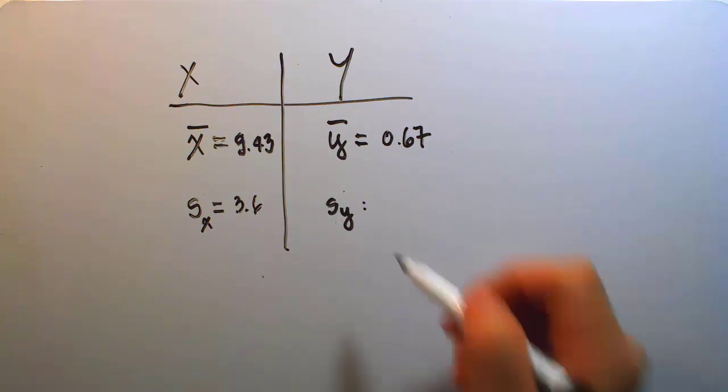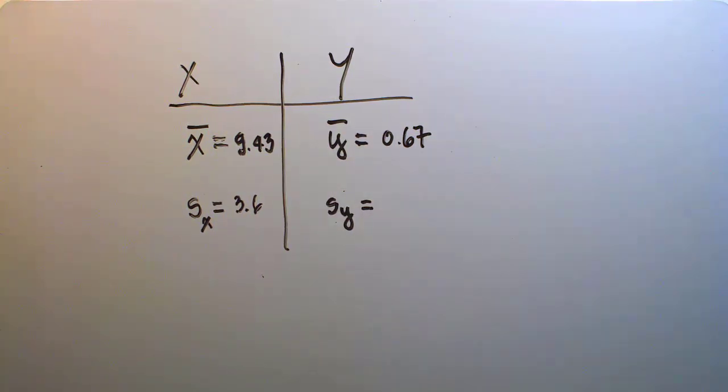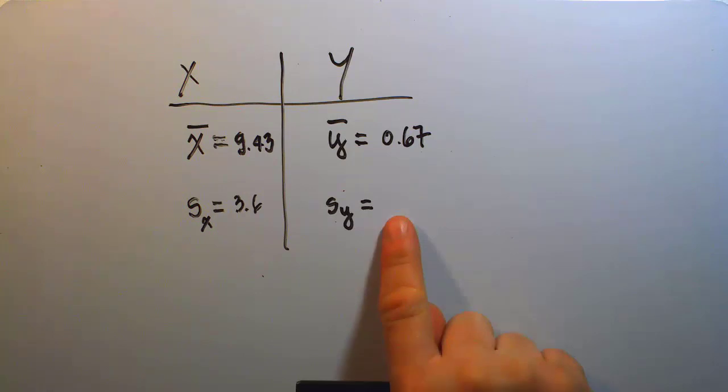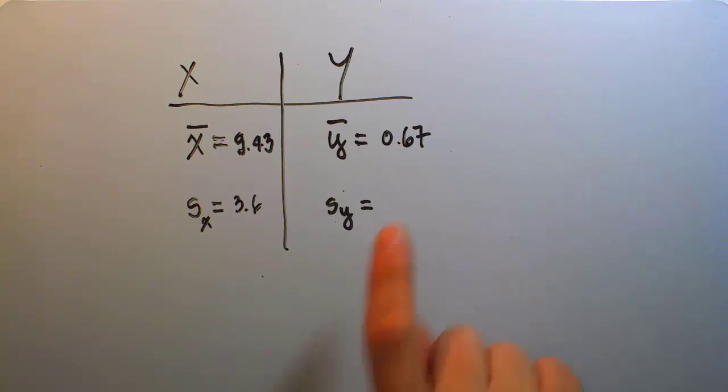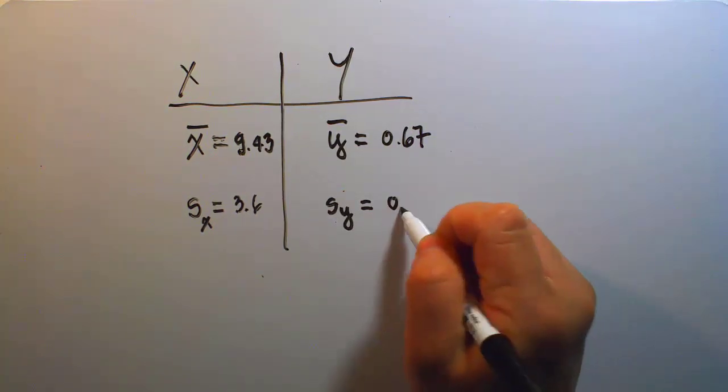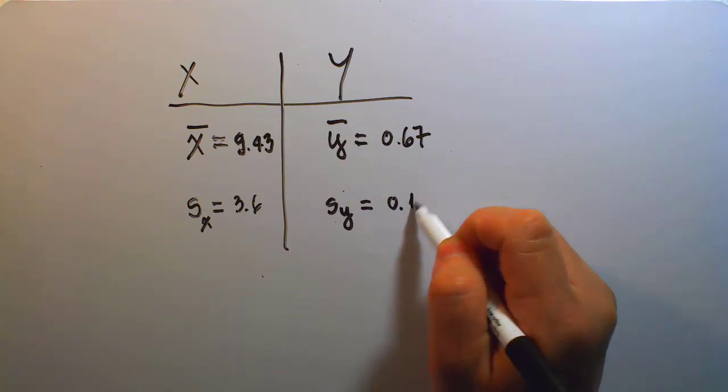Like I said, a lot of the time I commonly round to 2 decimals. Every assignment, every problem that you're doing has different rounding requirements. And then sy, the calculator says 0.14.